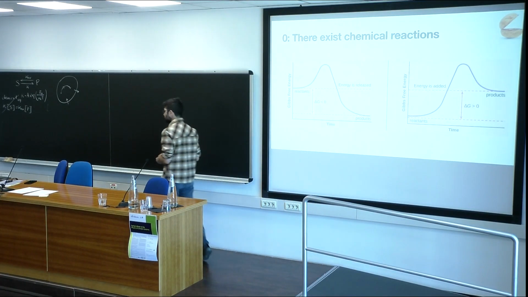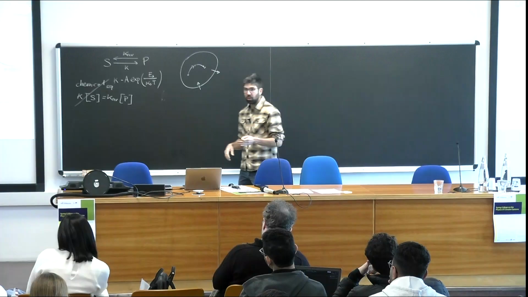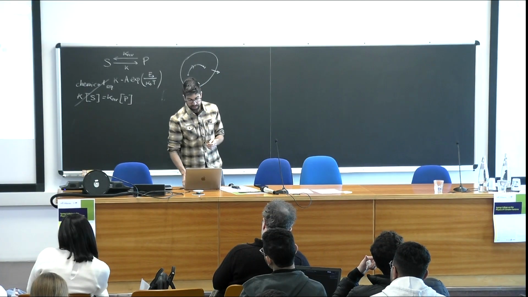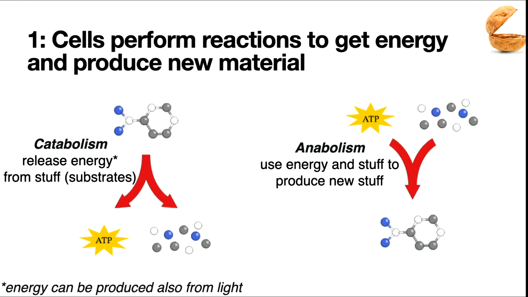Now, the point I wanted to make about energy is that organisms do both types of reactions. They do reactions that release energy by transforming some substrate. They take some material, and because of the chemical reactions, some energy is released.